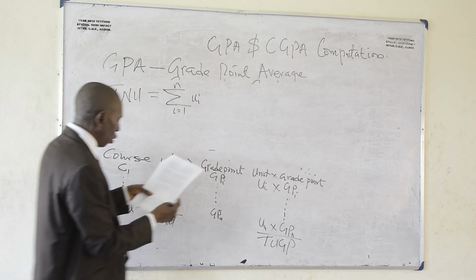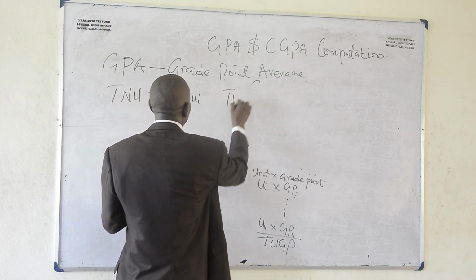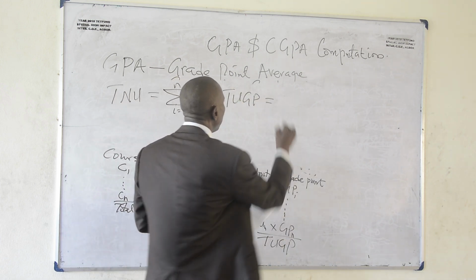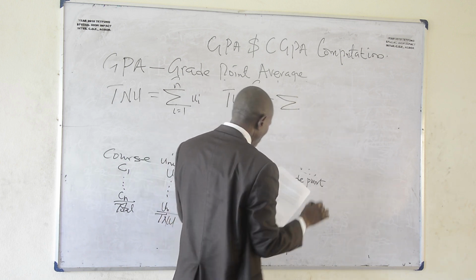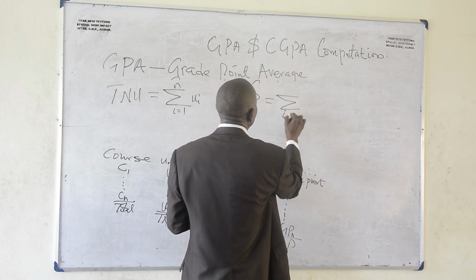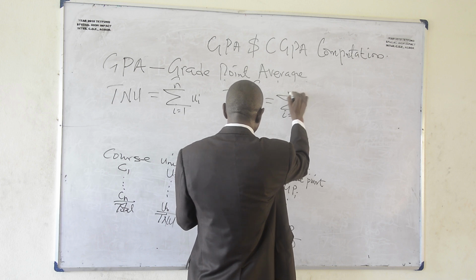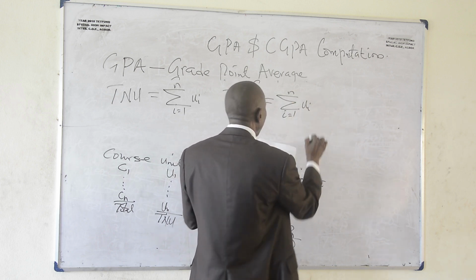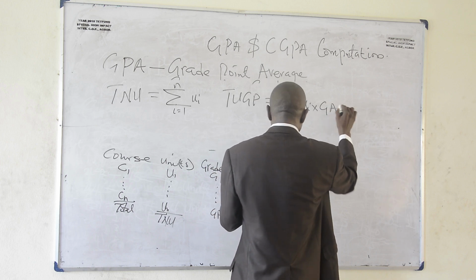And then your total unit grade point is equal to the summation from i equals 1 to n of Ui times grade point.